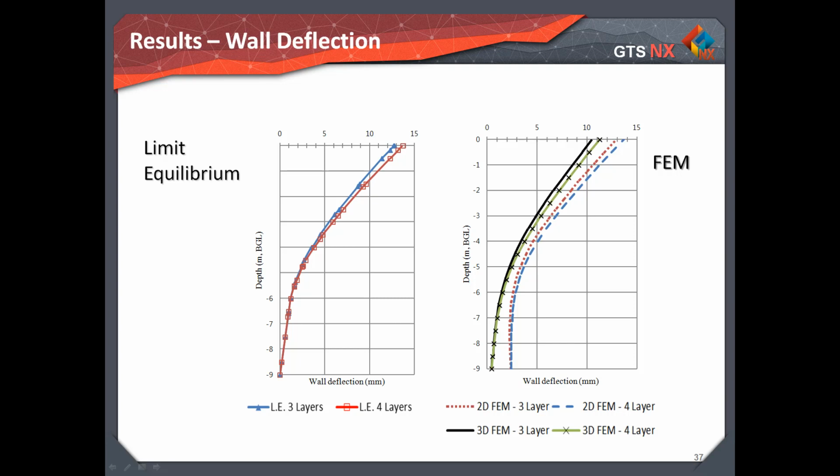These graphs indicate predicted deflections for all 3 methods follow a similar pattern and reduce uniformly by 1 or 2 millimeter maximum at the top of the wall from 4 layer soils to 3 layers.